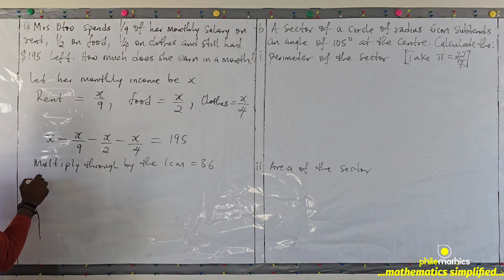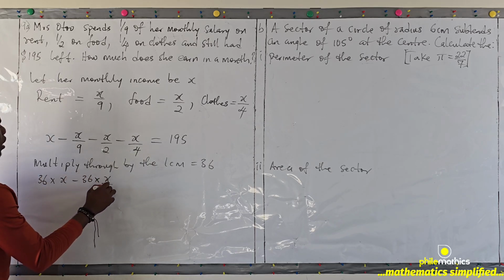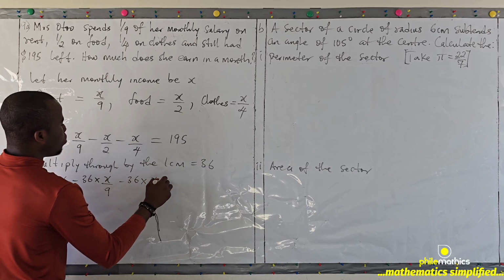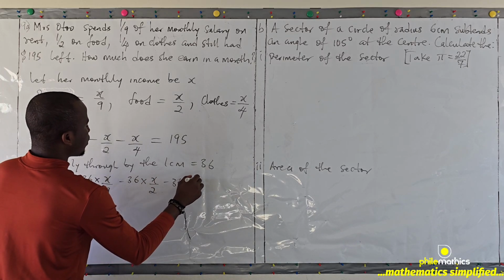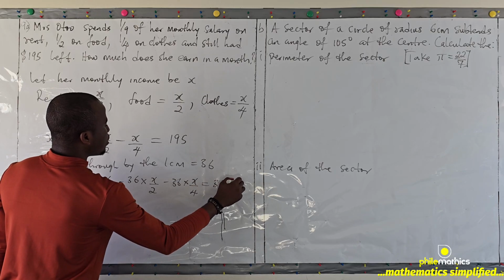So we have 36 times x minus 36 times x/9 minus 36 times x/2 minus 36 times x/4 equal to 36 times 195.